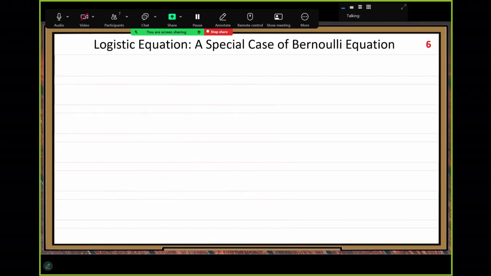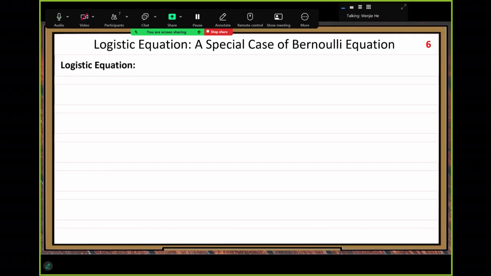Next, let's look at a special Bernoulli equation, because this one is very useful in the real world. We want to study the logistic equation, a special type of Bernoulli equation.